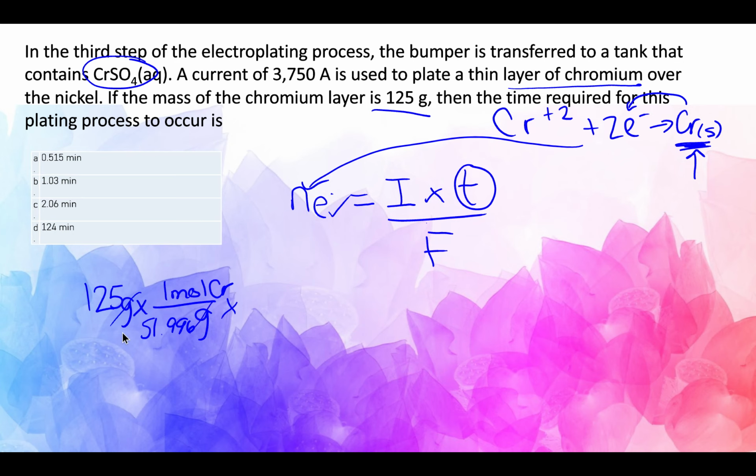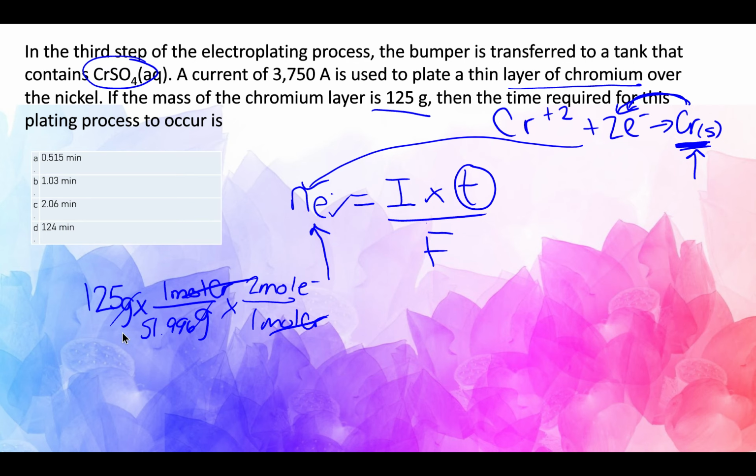I'm at moles of chromium, so now I can use my mole ratio to get moles of electrons. So 2 moles of electrons for 1 mole of chromium. So moles of chromium cancel. And now when we calculate this part, we will have moles of electrons. So let me put that in my calculator and get a value. Whatever value you get, leave it in your calculator because we don't want to round too early.